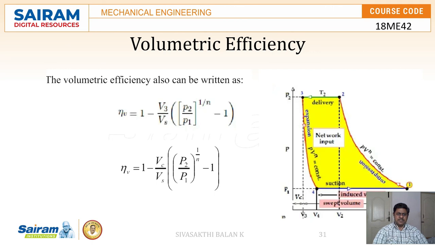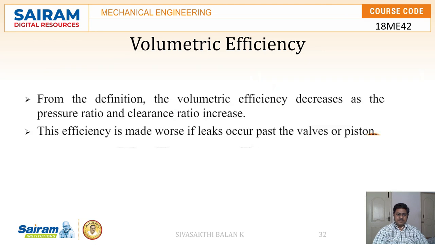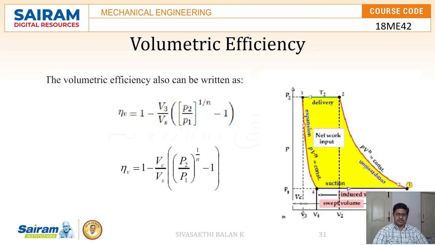This is the term which defines the volumetric efficiency, and from this definition we know that the volumetric efficiency decreases as the pressure ratio increases. If the pressure ratio P2 by P1 increases, then the volumetric efficiency will automatically decrease.